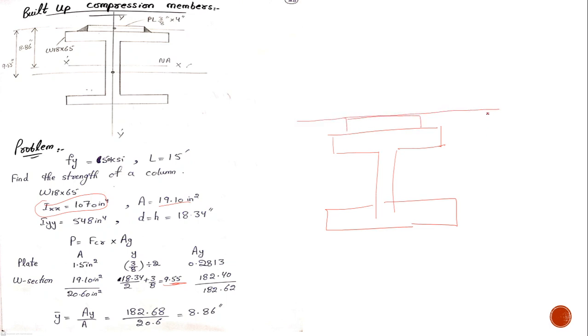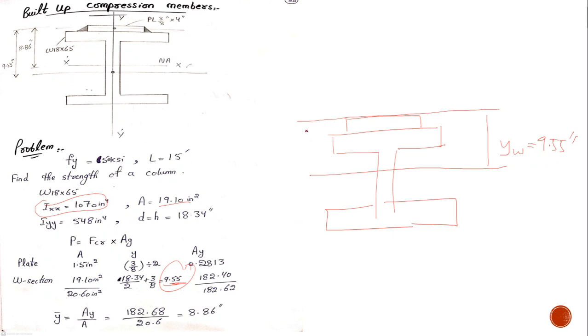Okay, thing is, D is the distance between centroid and neutral axis. So the centroid of this W section was found out to be 9.55 inches. Now difference between centroid and neutral axis. You should remember, while calculating y dash, I selected the top fiber and I calculated the centroid of W section, and that was 9.55 inches here.